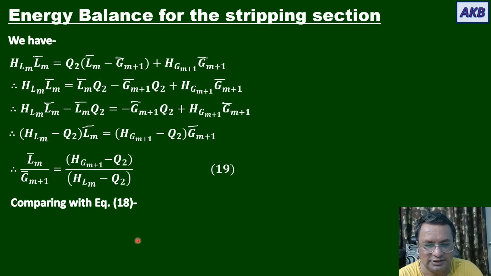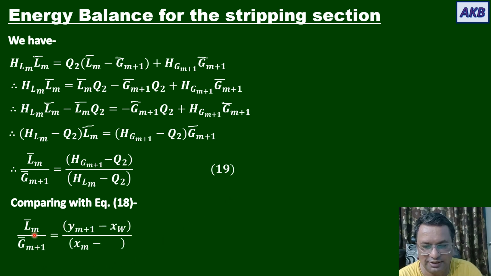The next task is we will compare this with equation 18 which we had got earlier. So that equation 18 is L bar M divided by G bar M plus 1, that is equal to YM plus 1 minus XW divided by XM minus XW, and now you have equation 19. So both equation 18 and 19 have L bar M upon G bar M plus 1 in them.